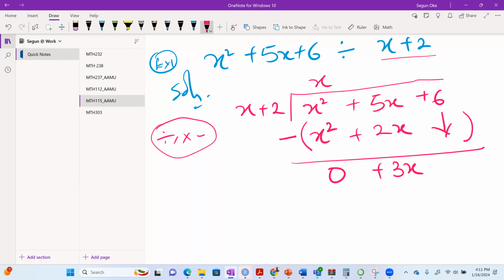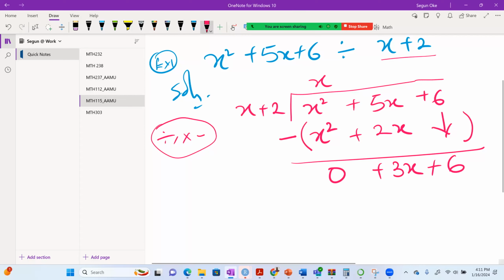Then this arrow says that the next value should come down, which is going to be plus 6. Any question?